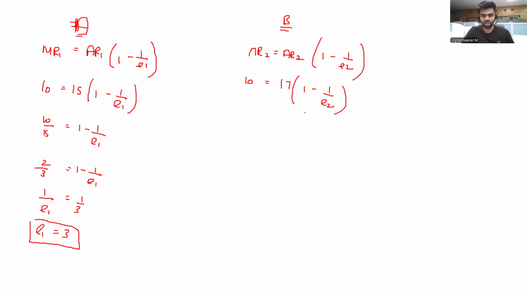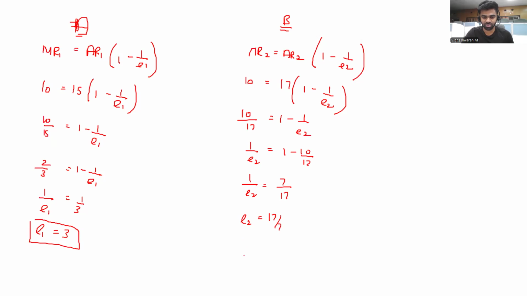So 10 by 17 is equal to 1 minus 1 by E2. 1 by E2 is equal to 1 minus 10 by 17, so 1 by E2 is equal to 7 by 17.